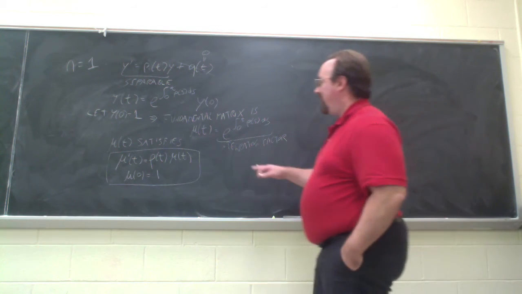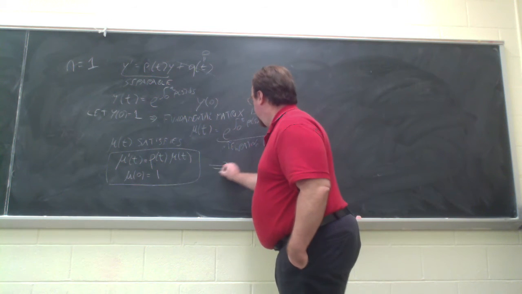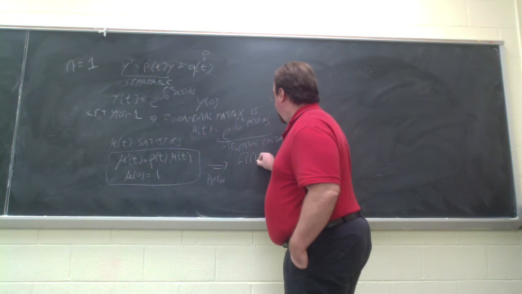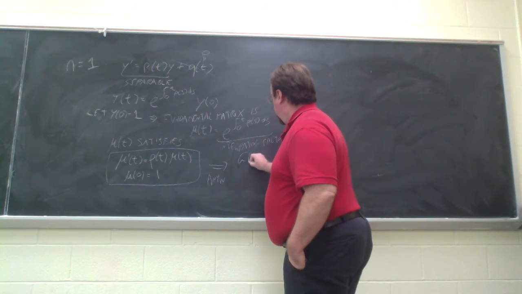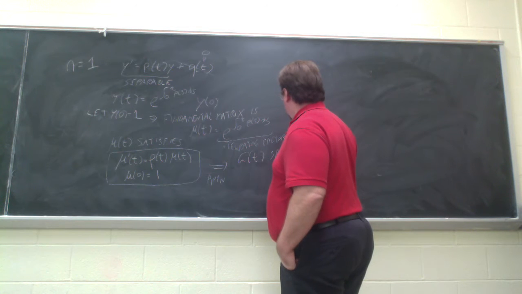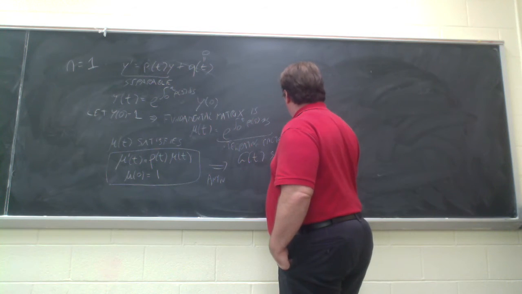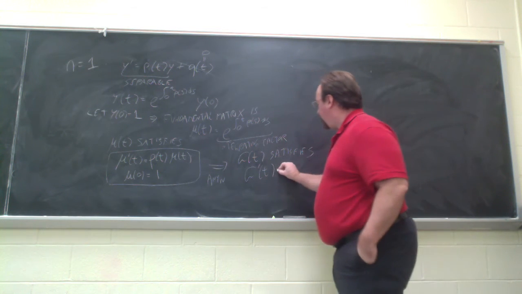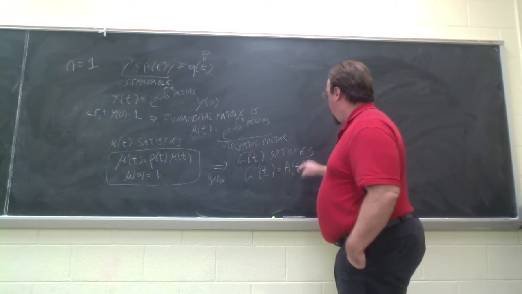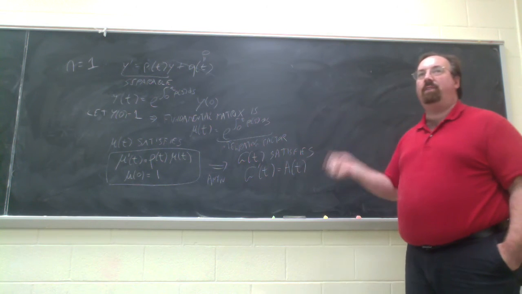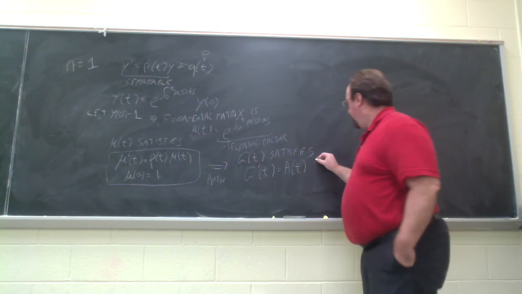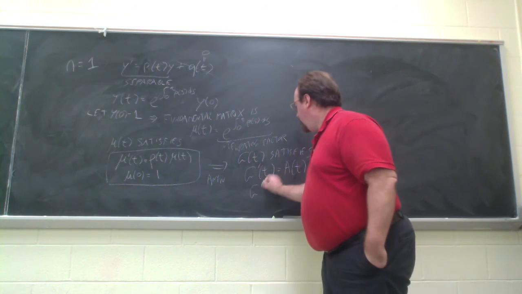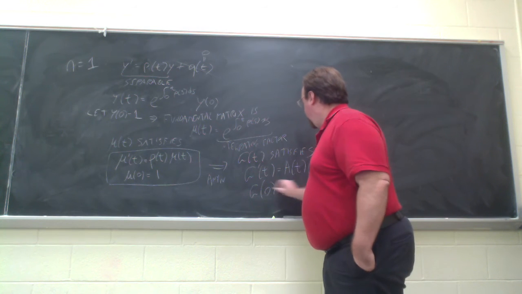So that's how it scales down in one dimension, but for any n, your fundamental matrix G of t satisfies this initial value problem. G prime of t is equal to A of t times G of t, where G is the fundamental matrix of A, and G of 0 is the identity matrix.